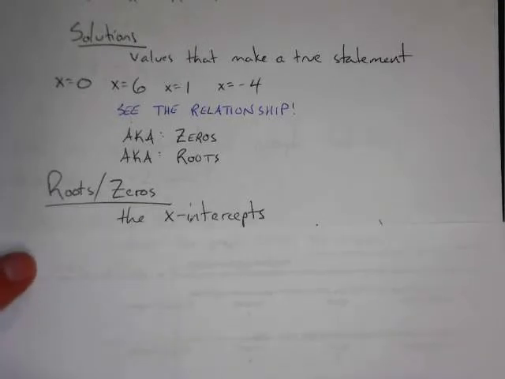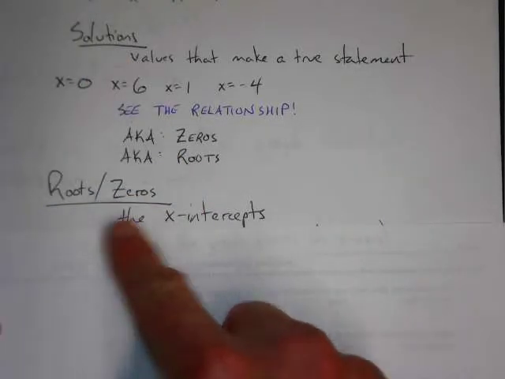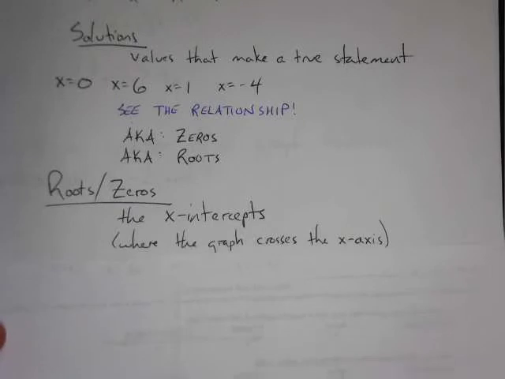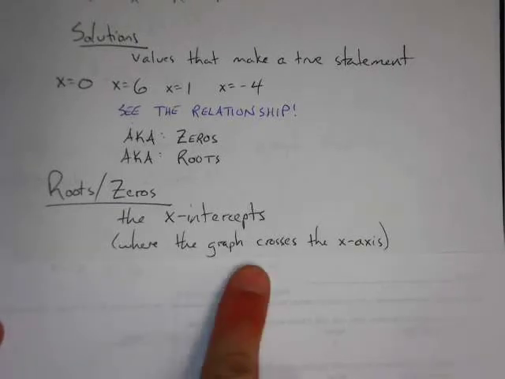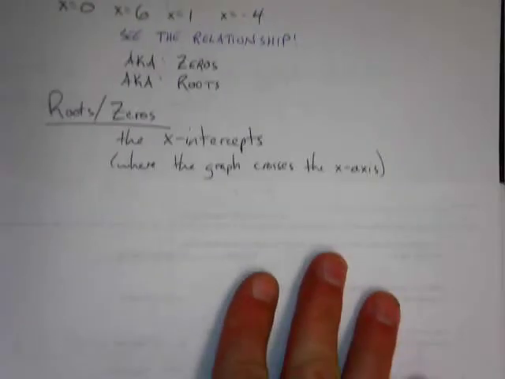Now roots and zeros, very basically, are the x-intercepts of a function. So if we have a function and we know the solutions, we know the roots, we know the zeros, we know where the x-intercepts are, we know where the graph will cross the x-axis. So all of this new vocabulary is just tying in together all these previous concepts, and light bulbs should start going on.